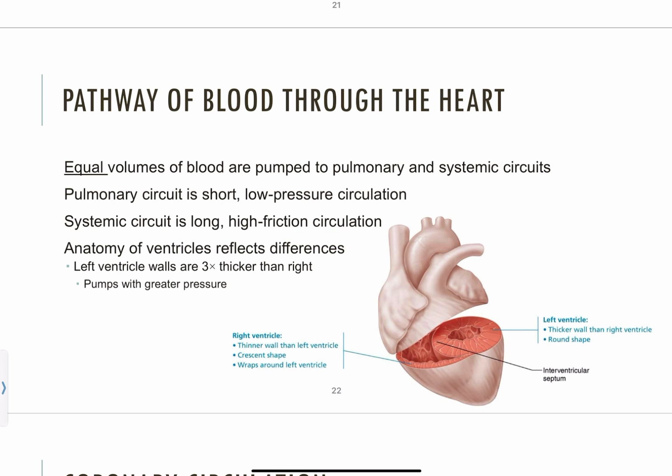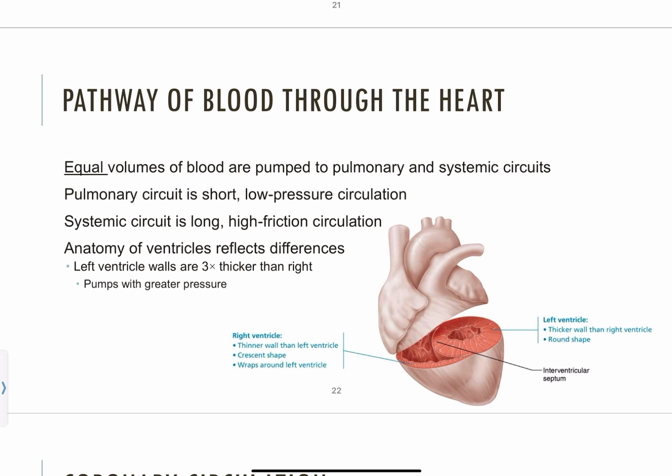And there's a difference that reflects this in our heart's anatomy. The left ventricle wall is about 3 times thicker than that of the right. And the right ventricle, in comparison, also has this crescent shape that wraps around the left ventricle, somewhat like a hand grasping a fist. The structural design is really there to help the heart efficiently manage 2 very different circulation demands.